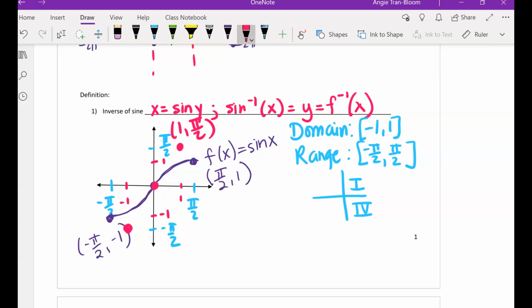Curvature is also important. Which way are they curving? Upward. Would you agree that this curve right here is kind of hugging the x-axis? That means its inverse should be hugging the y-axis. It has to totally swap. So the curvature is going to be just like that. Now let's test it out.